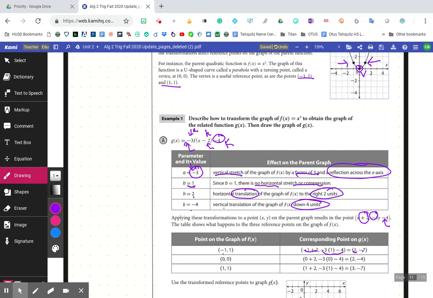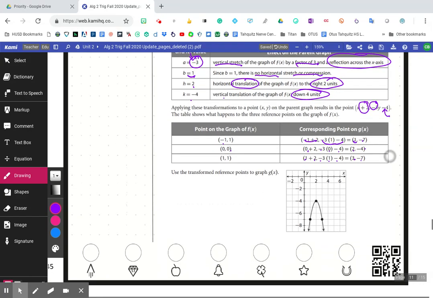For (0, 0), I add 2, I get 2. I multiply -3 by 0 and subtract 4, I get -4. Now I'm plugging in (1, 1). So I plug 1 in: 1 plus 2 is 3, and then -3 times 1 minus 4 is -7. Then they simply took these points and plotted them there.